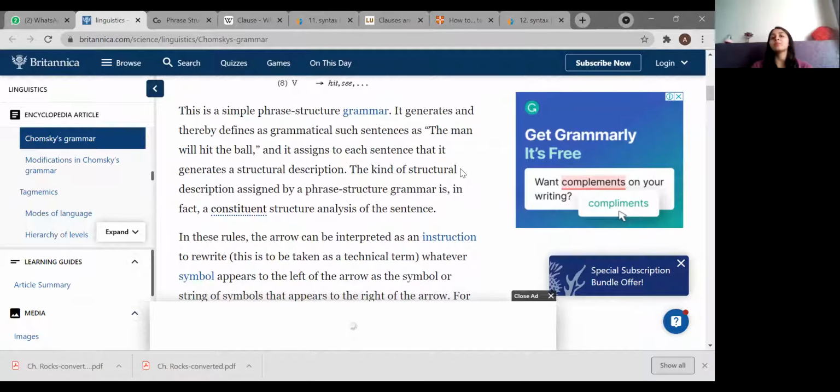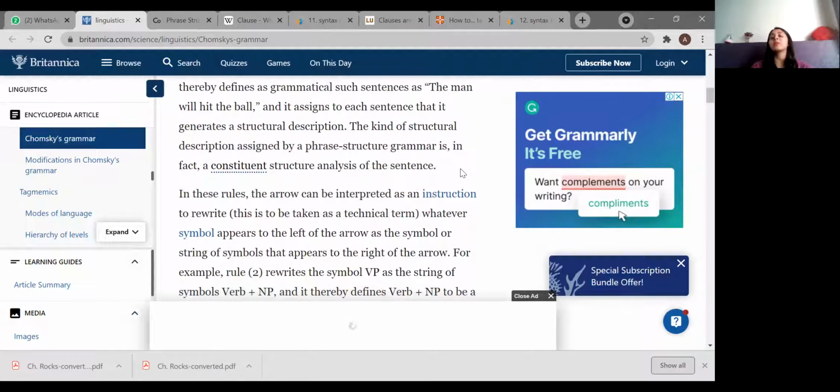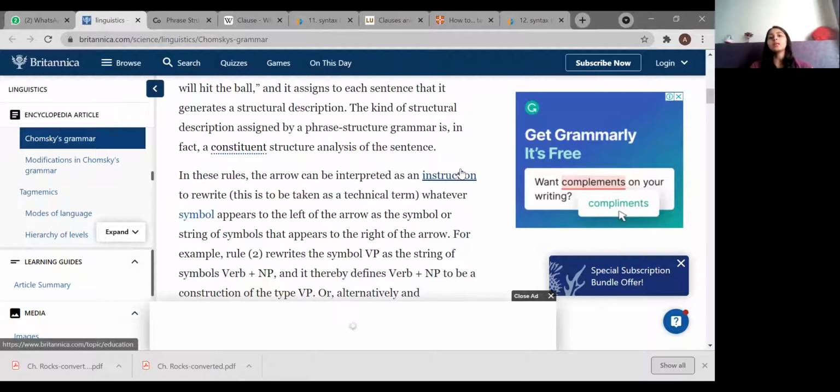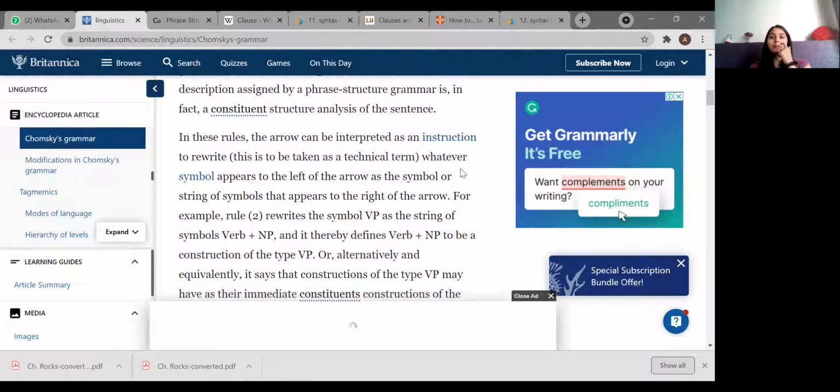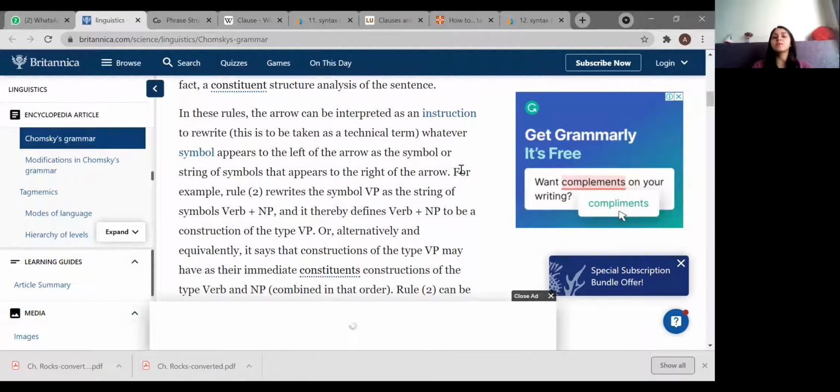The man will hit the ball. It is a proper sentence. How is it made? With the help of different rules and different grammatical parts, right? In these rules, the arrow can be interpreted as an instruction to rewrite this form into a proper symbol or a string of symbols.